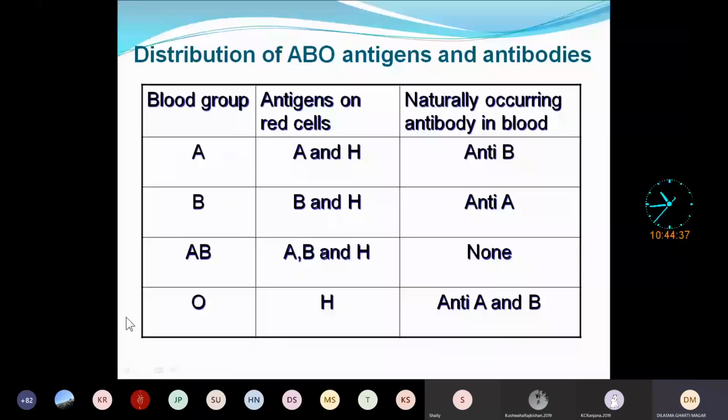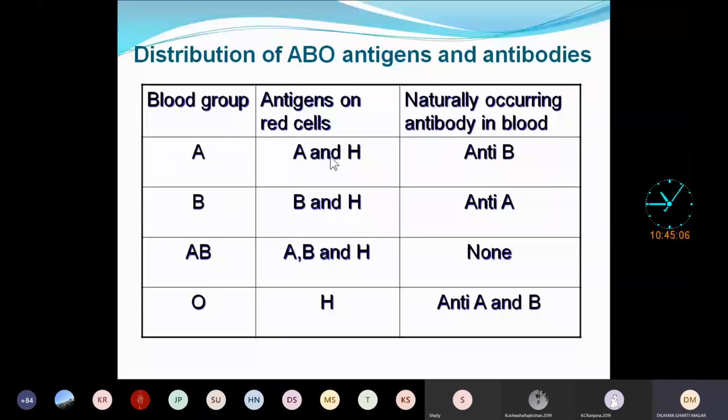Now we will come to the distribution of the ABO antigens and the antibodies. In the first row, you can see A blood group, B blood group, AB blood group, and the O blood group, isn't it? For the person having the A blood group, on the surface of the RBC we will have the A antigen, but together with the A antigen there is also the H antigen, as I told you.